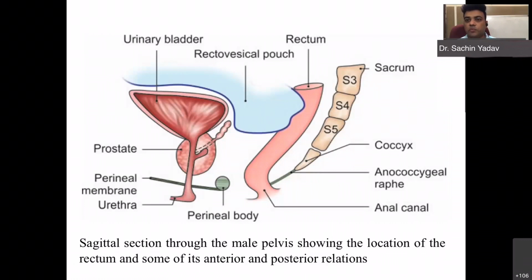You can see from the side the anteroposterior curves. The upper curve is convex posterior and concave anterior, and the lower curve is convex anterior and concave posterior. That is the anorectal junction. Okay, you can see here the rectovesical pouch. That is the extension of the peritoneal cavity between the bladder and the rectum, known as the rectovesical pouch.